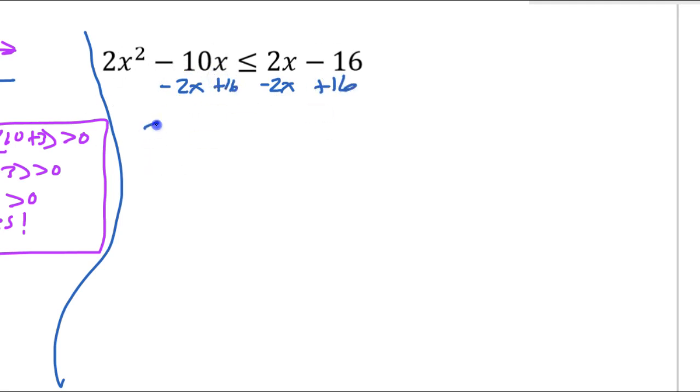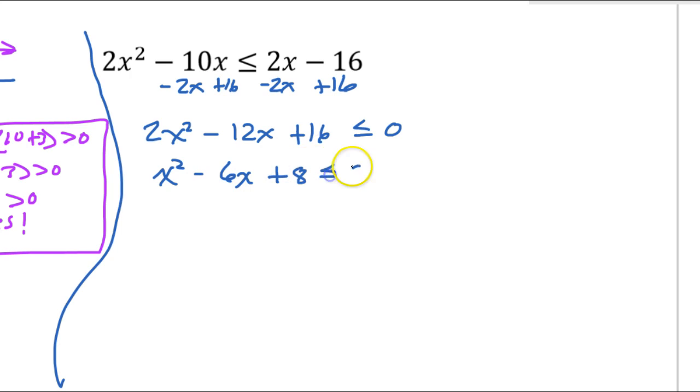So that's going to give me 2x squared minus 12x plus 16 is less than or equal to 0. I might as well divide everything by 2, make my life easier. So this will be x squared minus 6x plus 8 is less than or equal to 0.